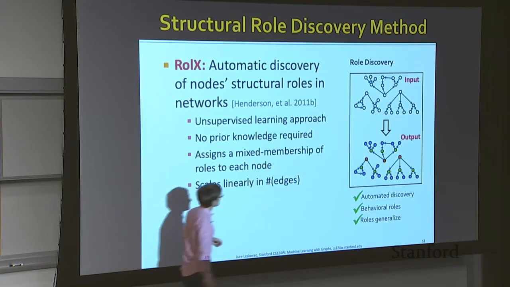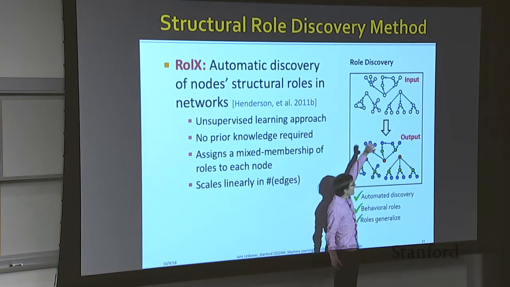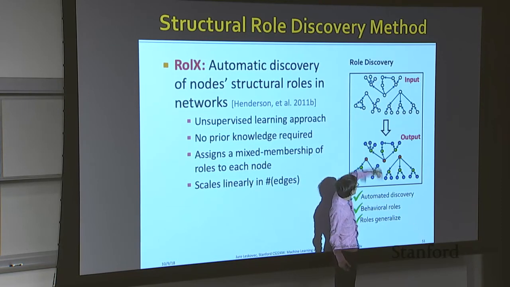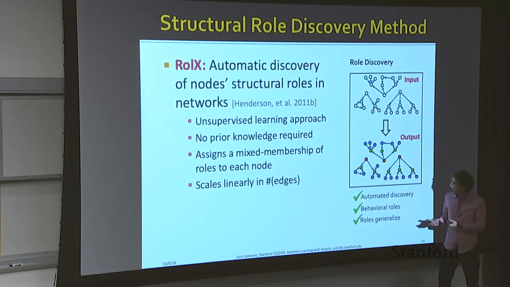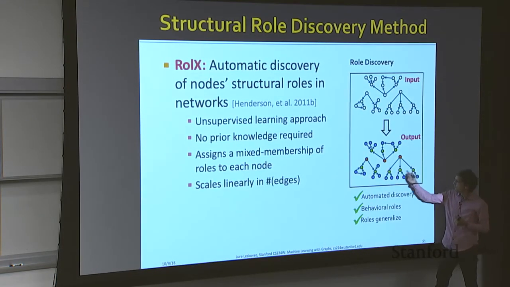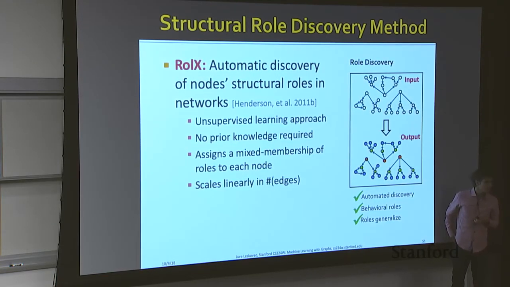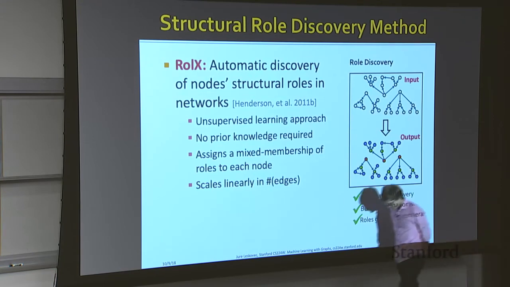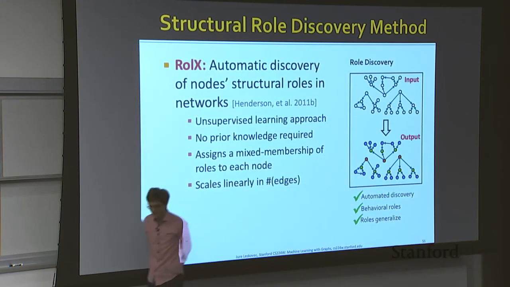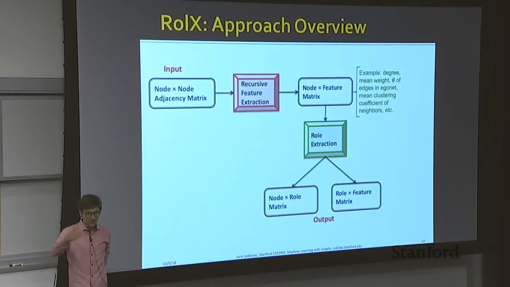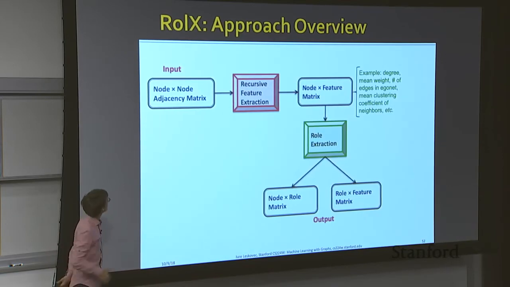The idea is that on the input we will have a graph or a set of graphs, and on the output we will identify the roles and assign nodes to those roles. Here roles are indicated with colors. Okay? So that's essentially the idea. And the approach will go over these different steps.